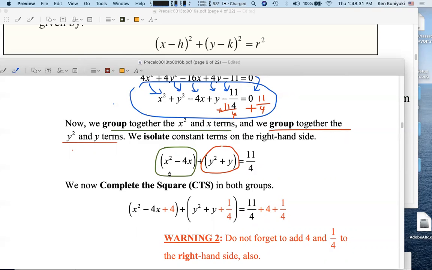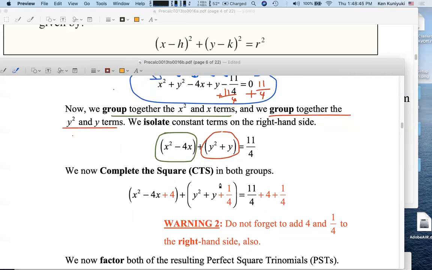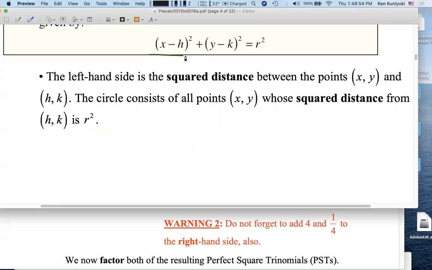So we've grouped together the x stuff. We have the group x squared minus 4x, plus we group together the y stuff, y squared plus y, equals 11 fourths. Now, we're going to create PSTs, perfect square trinomials, for the x group and the y group so that the PSTs can be factored as squares of binomials.